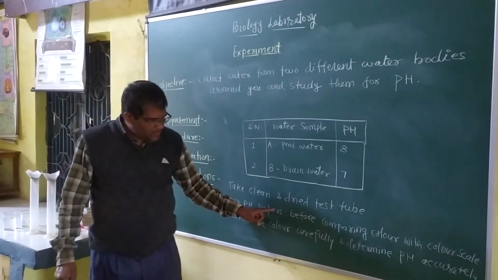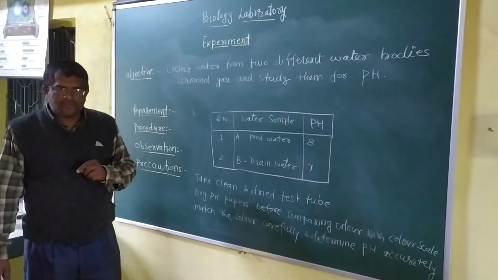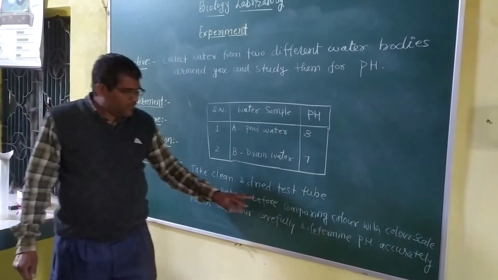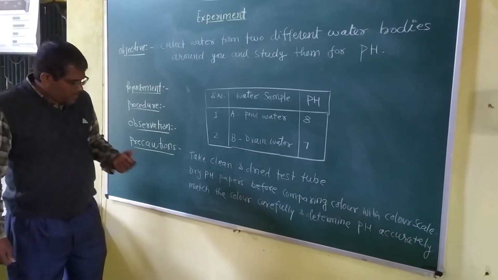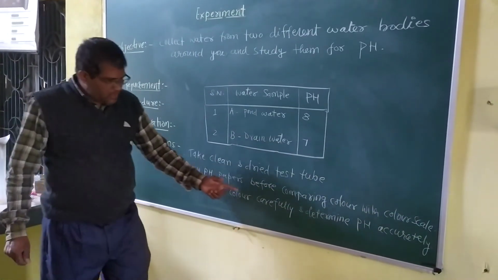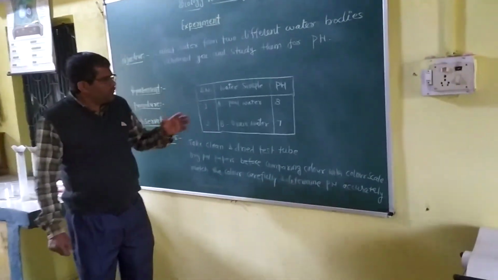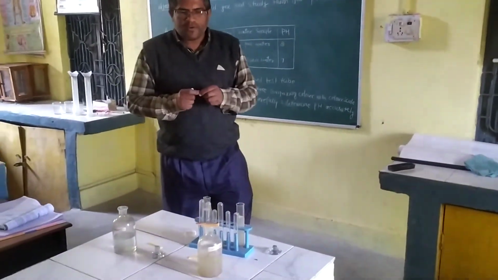Dry the pH paper before comparing the color with the color scale. The pH paper should be dried properly before comparing with the color scale, and match the color carefully and determine the pH accurately. So this is the measurement of pH by pH paper.